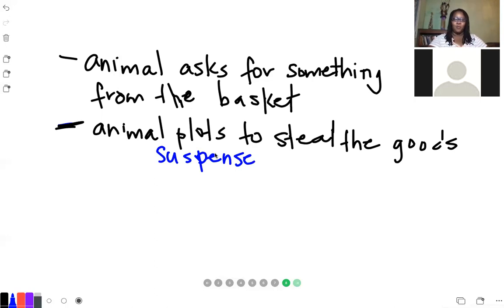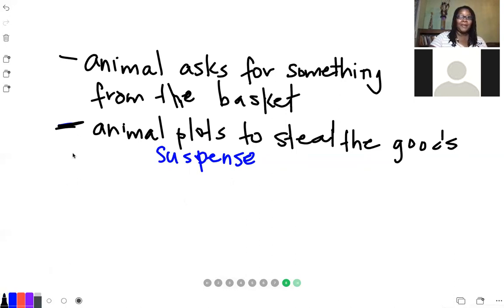You are able to say, oh my goodness, she is still going through the forest and he is planning to sabotage her. He's planning to interfere. Some way, somehow, he's going to interfere. And right then and there, you have suspense being injected into your story.